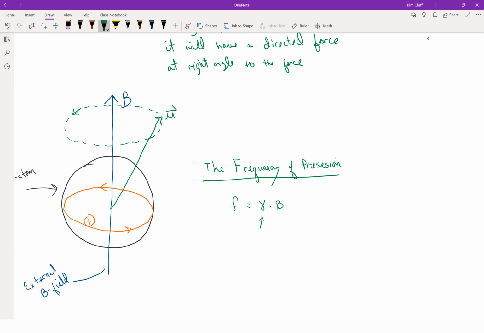So this symbol here is the gyromagnetic ratio, and B is the strength of the external magnetic field.